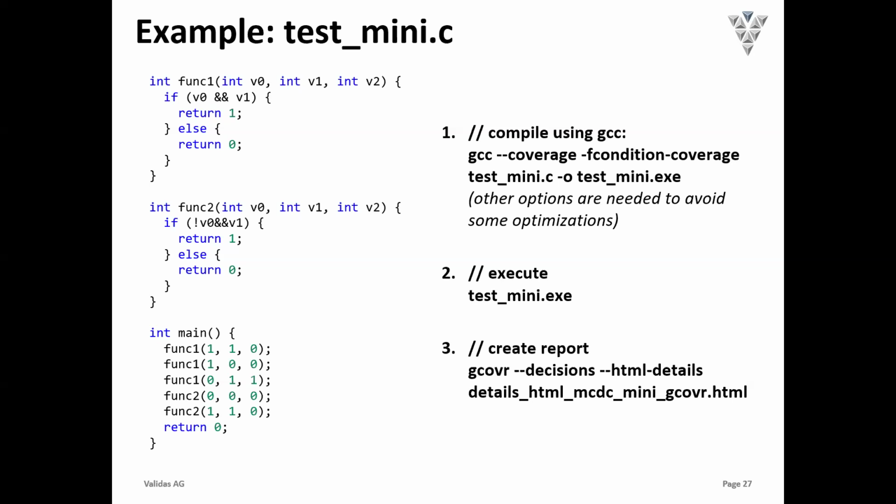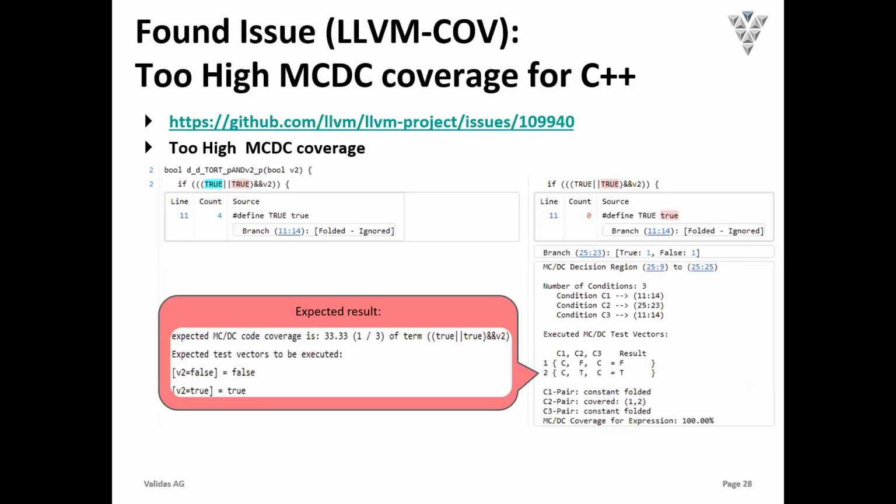And this is like an extension of the GCC compiler that does it. When you compare it with the traditional tools, then you will see that there are different errors. And here's one error where you see, for example, we have some tricky code with some constants in it, true or true and v2.